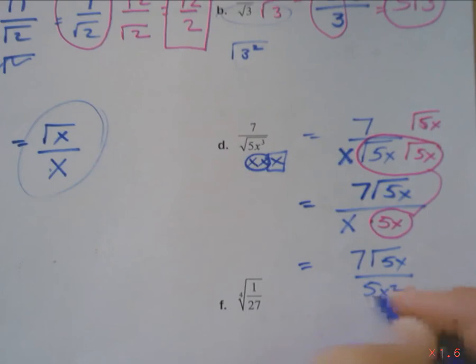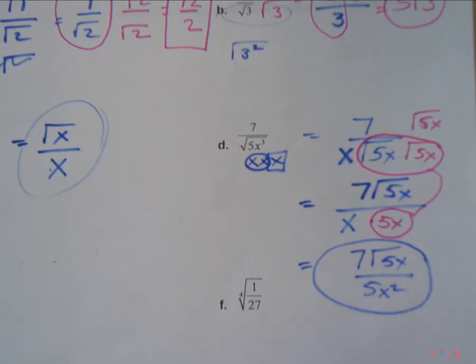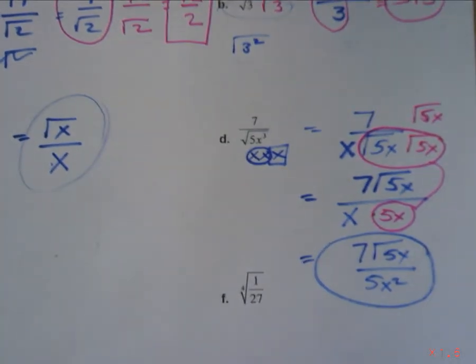This is outside of a square root. They do not reduce each other or anything. This is your final answer. How are we doing with that? Questions? So far, so good?